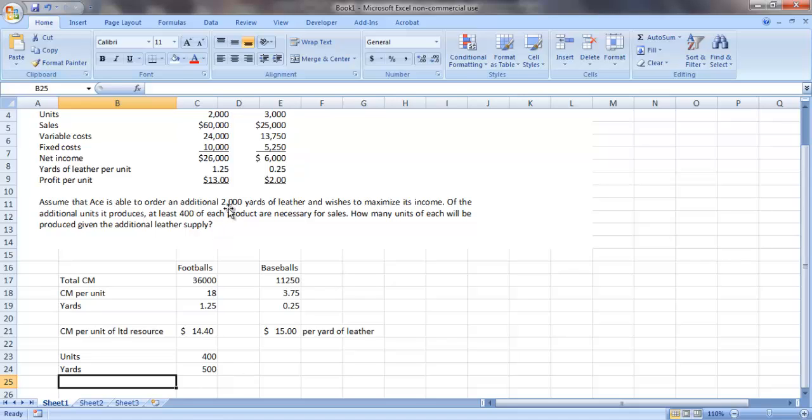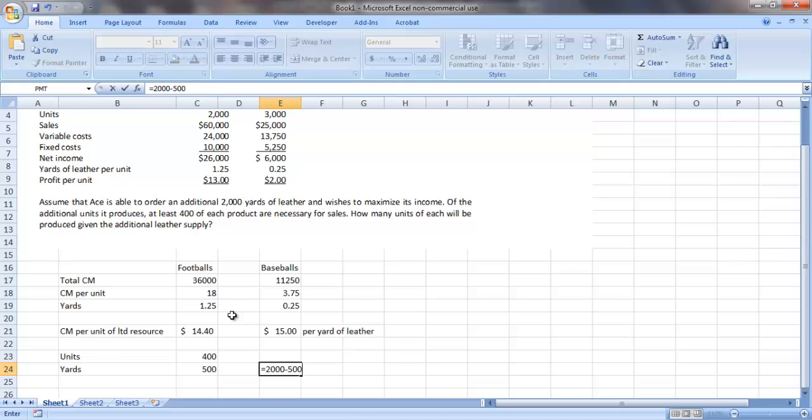So if we had an additional 2,000 yards of leather with which to work, we've used up 500 yards to make footballs, which means we have 1,500 left to make baseballs. That's the 2,000 we had in total, minus the 500 we used up to make footballs.